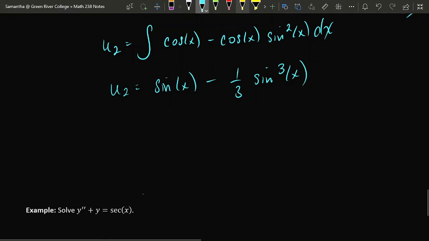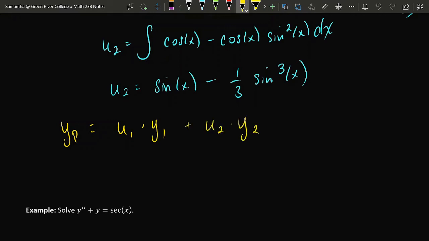So now I can construct my particular solution. The particular solution is given by u1 times y1 plus u2 times y2.